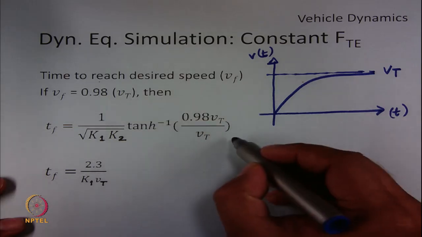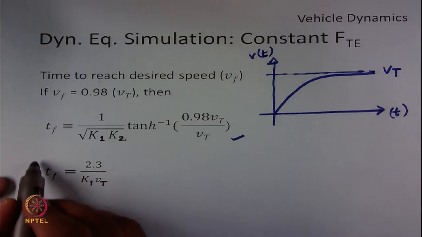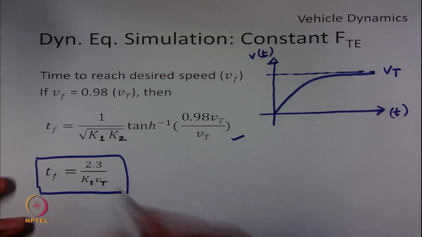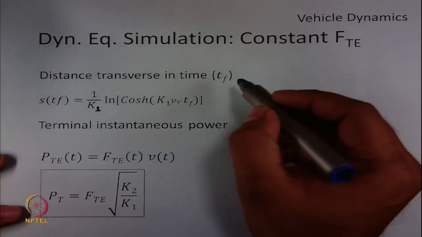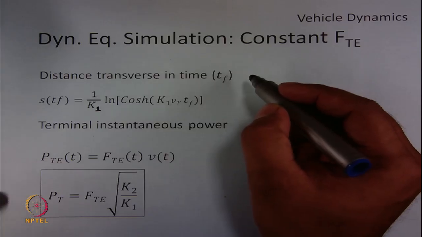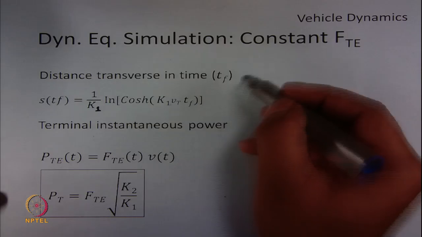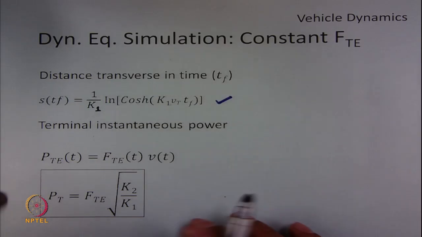So we have got the expression Tf equal to 2.3 divided by K1 Vt. Similarly, if we want to calculate the distance travelled in time Tf, it can be found out using this equation.